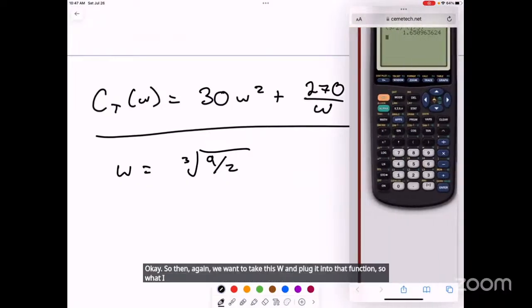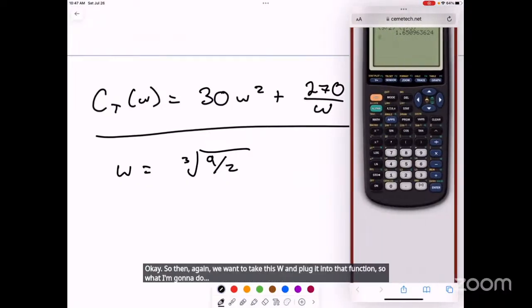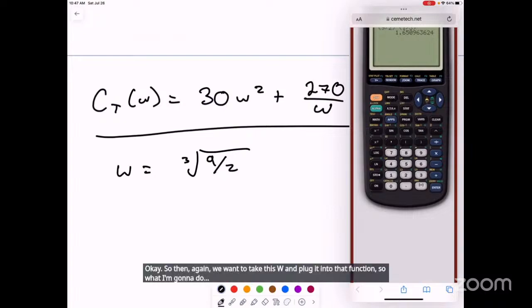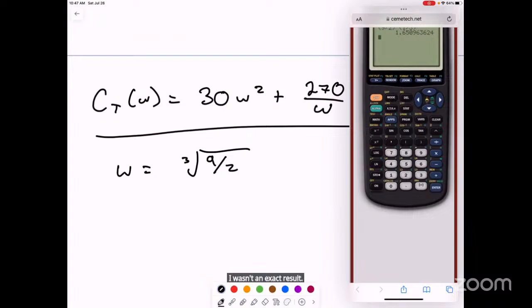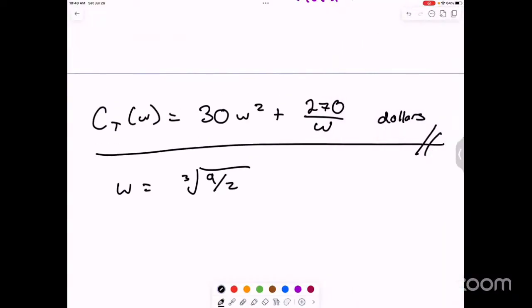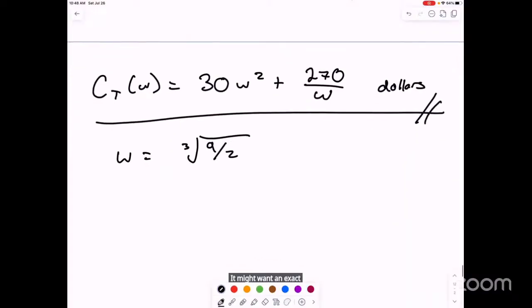So what I'm going to do, does it want an exact result? It might want an exact result.